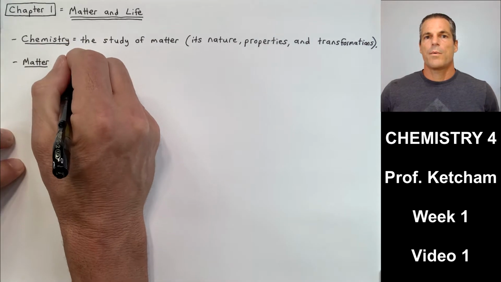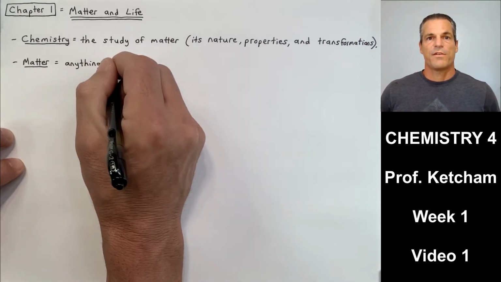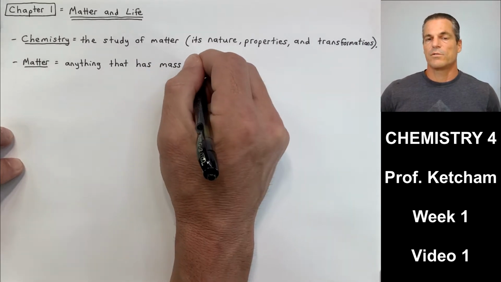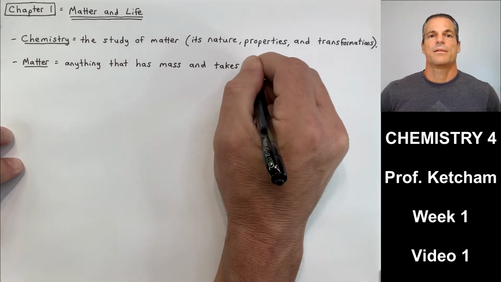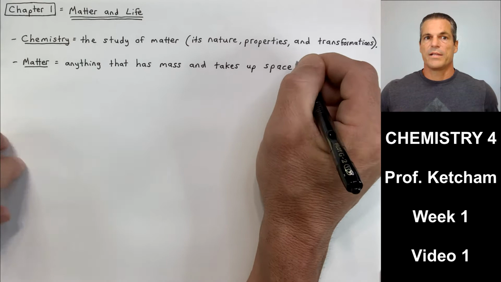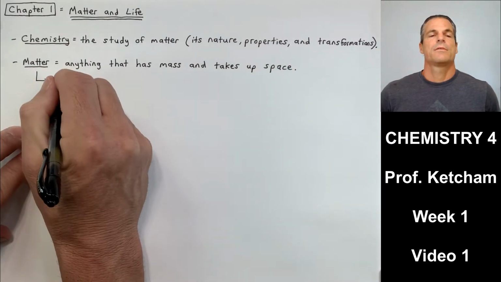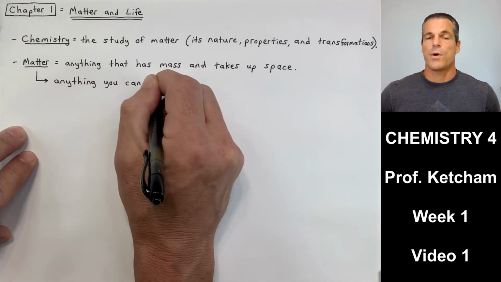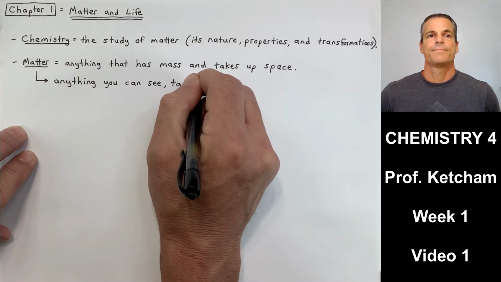So right now we want to start off here on page 1 of our notes. This is the first of 3 videos for this week, and this is my chapter 1, Matter and Life. First, we're going to start off with a few definitions that you want to have written down in your notes.